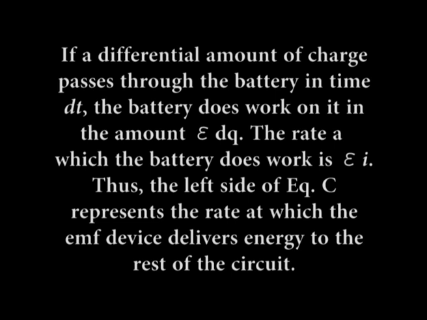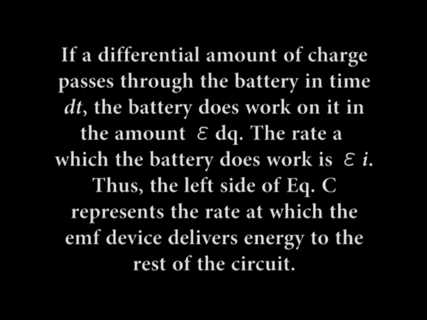If a differential amount of charge passes through the battery in time dt, the battery does work on it in the amount epsilon dq. The rate at which the battery does work is epsilon i.